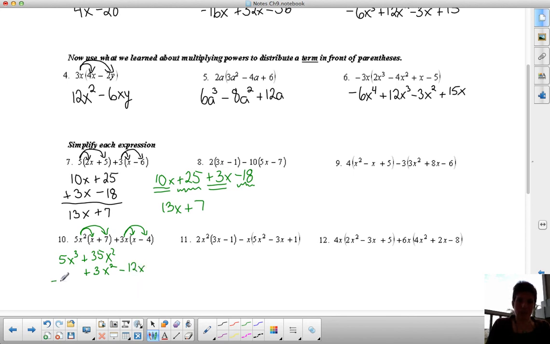So when I go to combine like terms, it's all addition, so 5x to the third had no like terms to combine with. 35 and 3 x squareds, so 38x squared. And finally, minus 12x. So that we have our final answer to number 10.